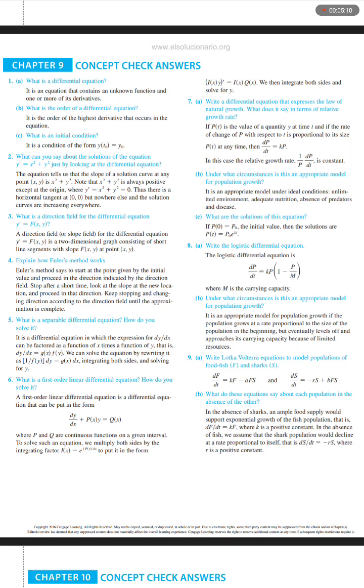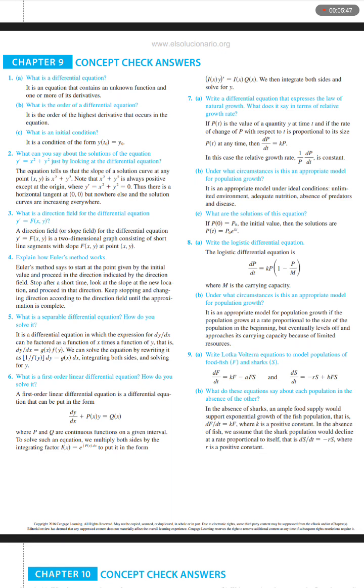If P(t) is the value of a quantity y at time t, and if the rate of change of P with respect to t is proportional to its size P(t) at any time, then dP/dt = kP. In this case, the relative growth rate (1/P)(dP/dt) is constant.